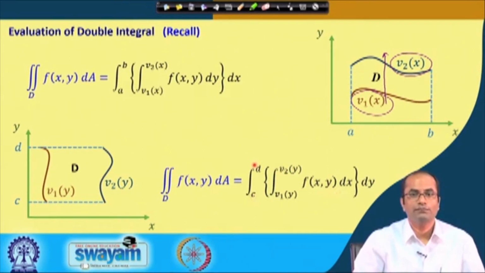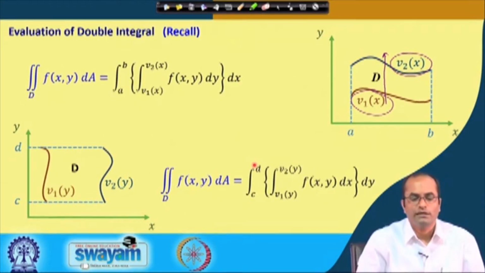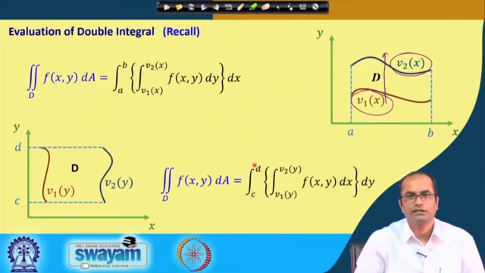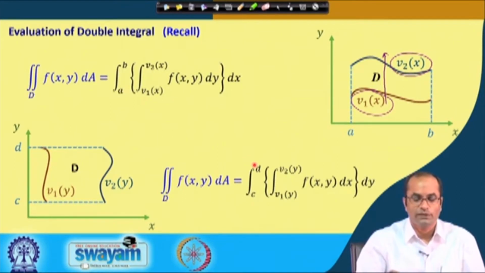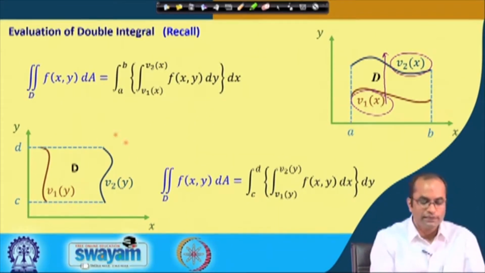For the simple cases we have seen, when we have the rectangular domain, it is much easier, as we can interchange the limits; whether we compute first with respect to x or with respect to y, it does not matter. But when we have such domains, for example in this figure or in the other one, then we should see which one is convenient.